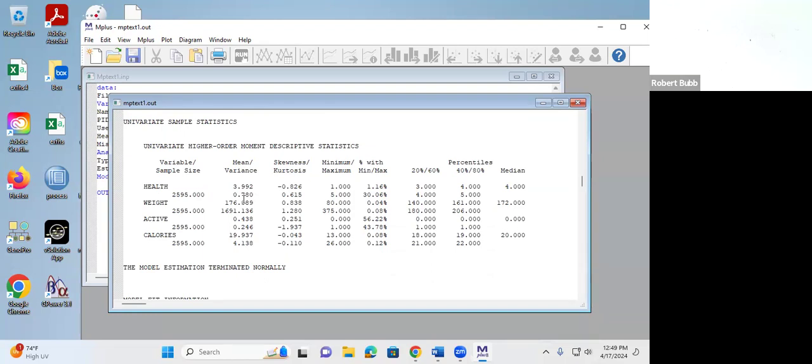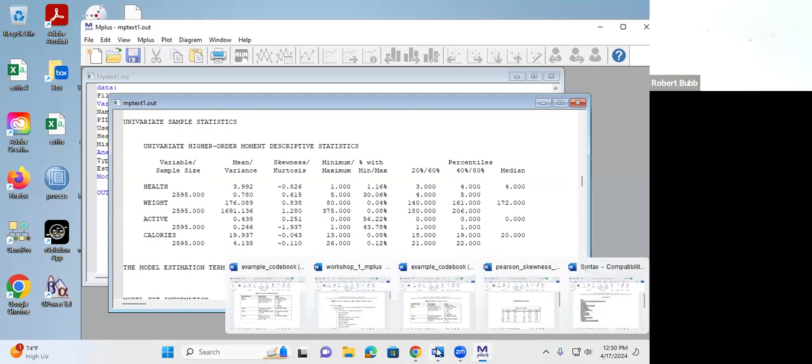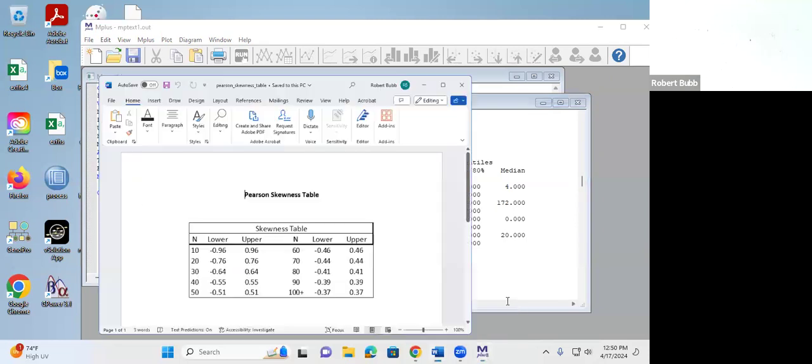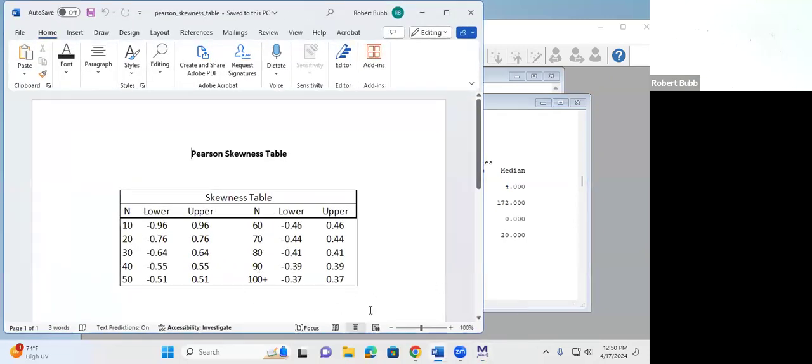So what are you seeing here? If we're looking at our table, it is based off of our sample size, so somewhere around plus or minus 0.37 or 0.35.